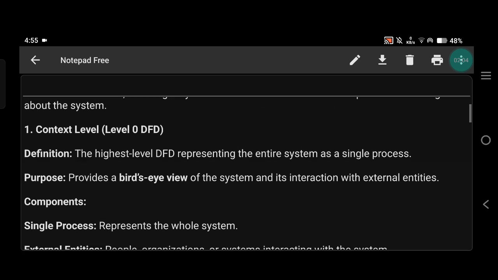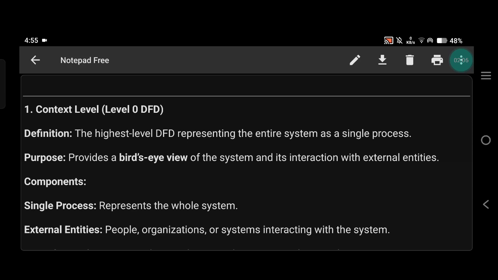See, first is level 0, also called the context level, meaning at this level we see the whole system as a single process. What it shows: how the system interacts with the outside world like users, other systems, or suppliers.